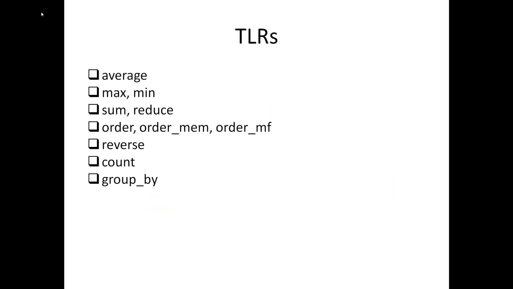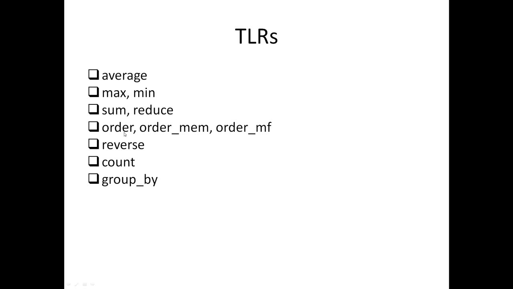Here's a listing of the TLRs provided in 1.1. We have average for computing averages, max and min for computing the largest to smallest value in a sequence, sum to compute the totals, reduce, which is similar to the standard algorithm accumulate. Then we have 3 TLRs for sorting.